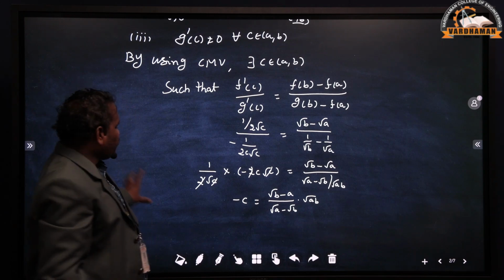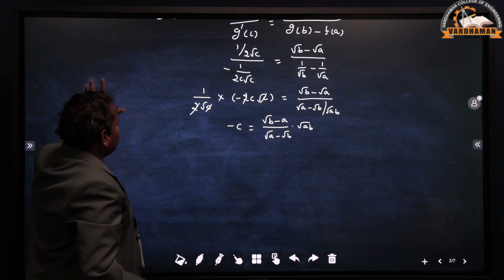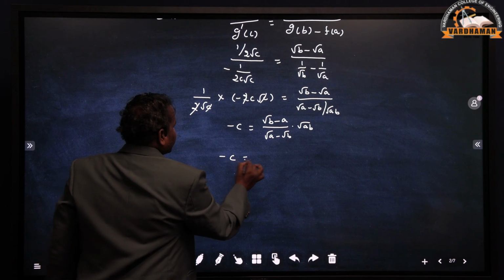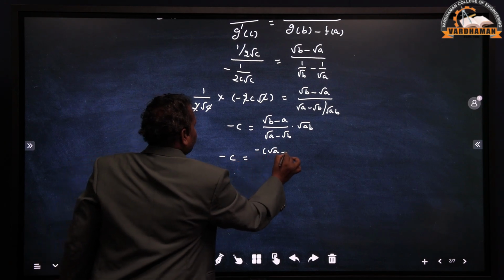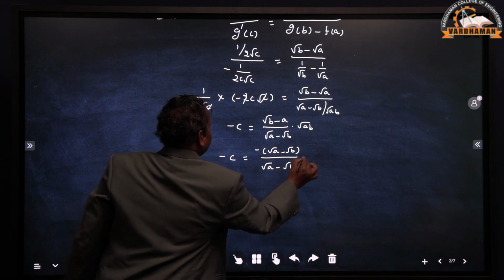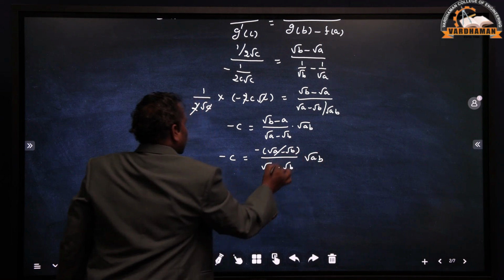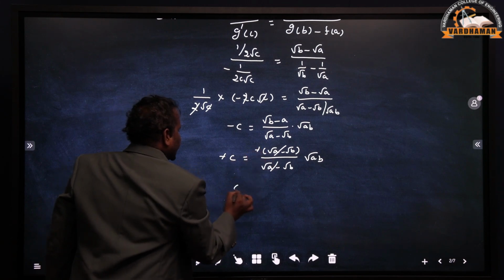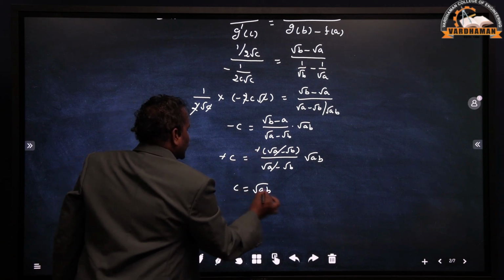Take out minus common and cancel this. So minus c is equal to minus of root a minus root b by root a minus root b into root ab. These two get cancelled, minus gets cancelled, c is equal to root ab.